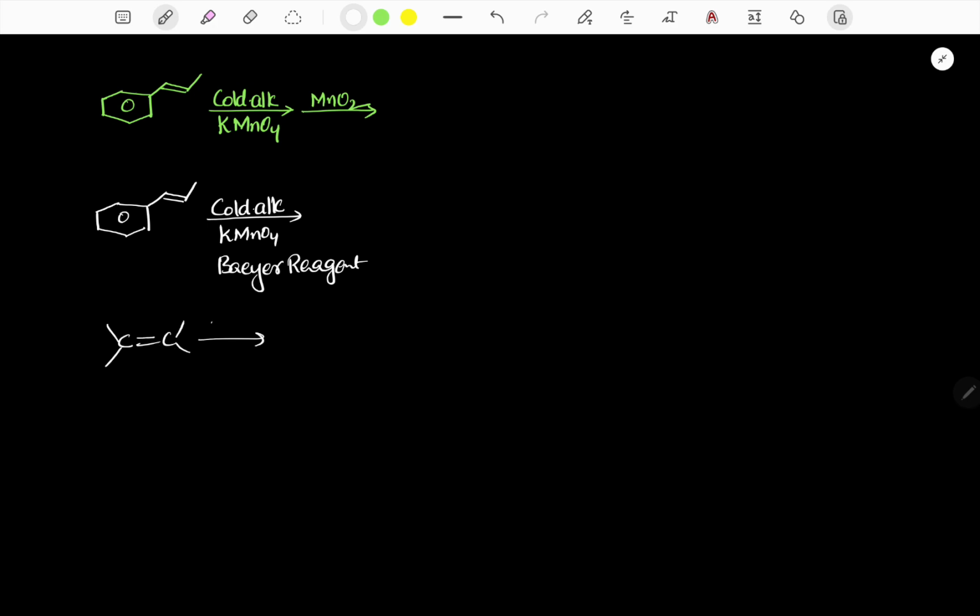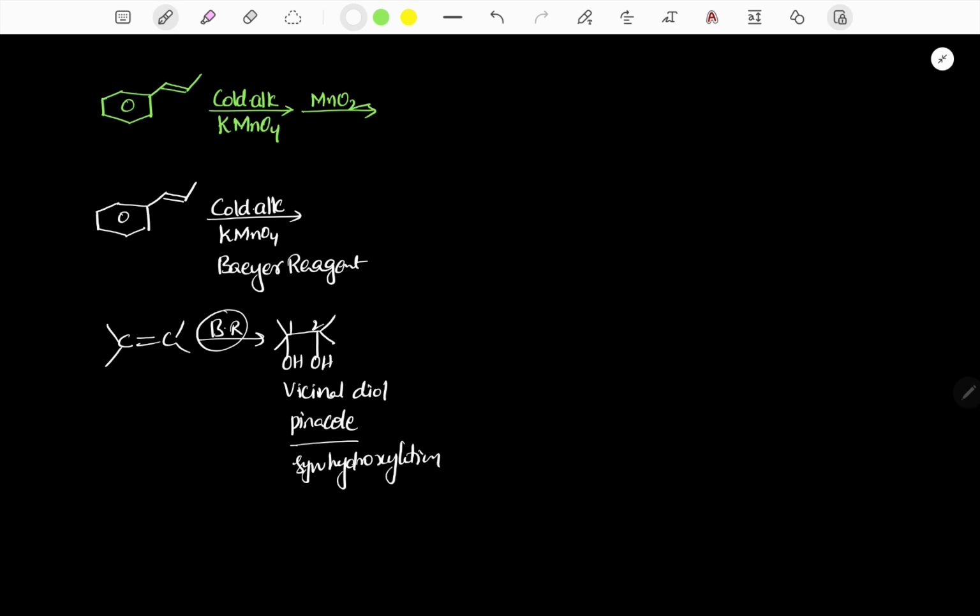Now it is treated with Baeyer's reagent, and the simple answer is the corresponding 1,2-dihydroxyalkane. So it is also called vicinal diol, also known as pinacol. And in the presence of Baeyer's reagent, this reaction is syn hydroxylation.